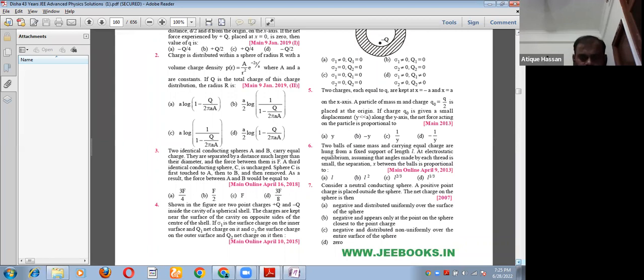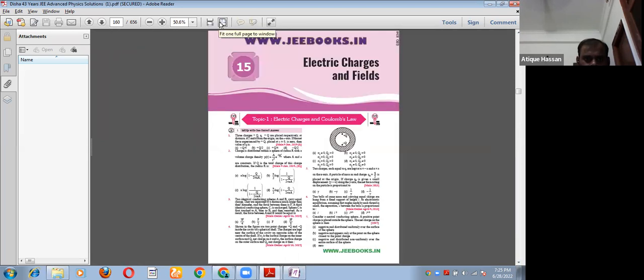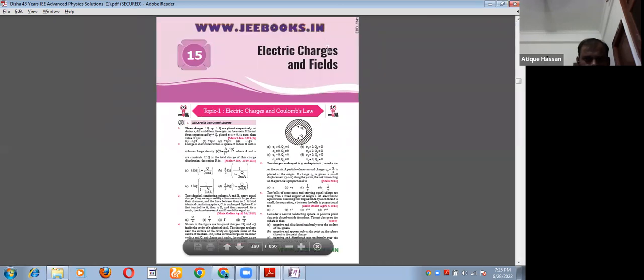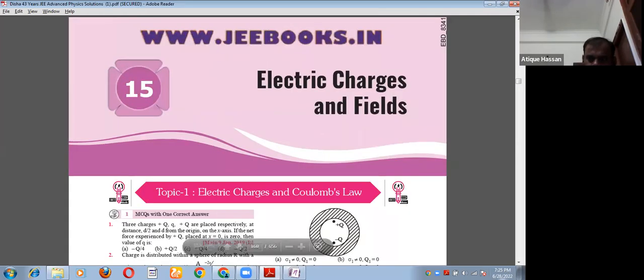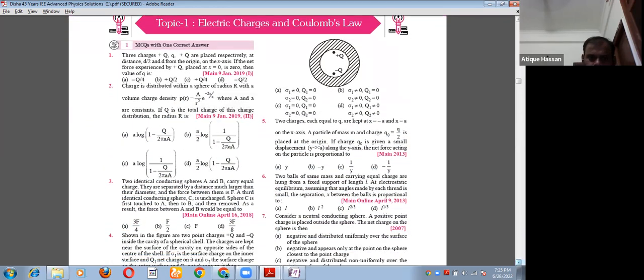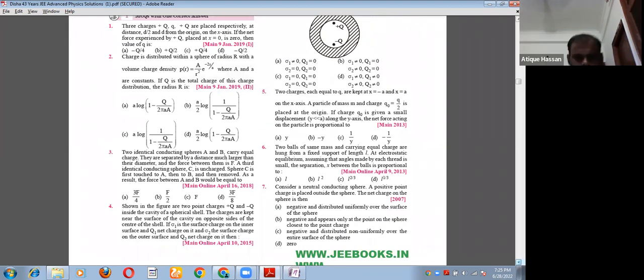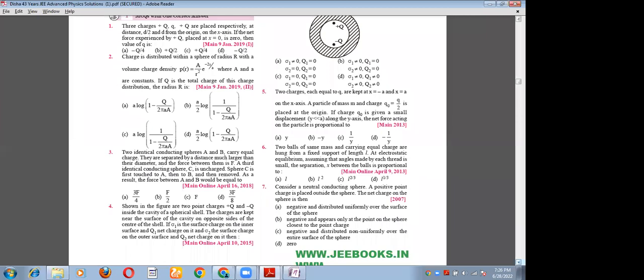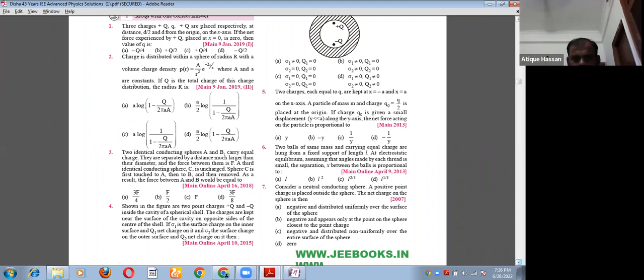Shown in the figure, two point charges plus Q and minus Q. Sir, option C. Option C, sigma 1 equal to 0 and sigma 2 equal to 0.